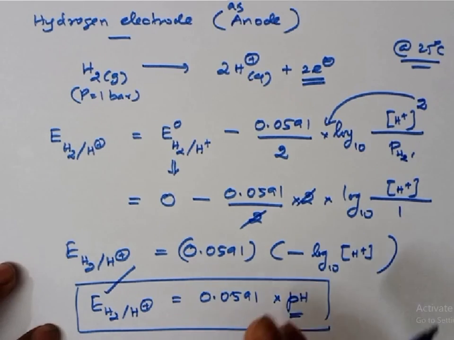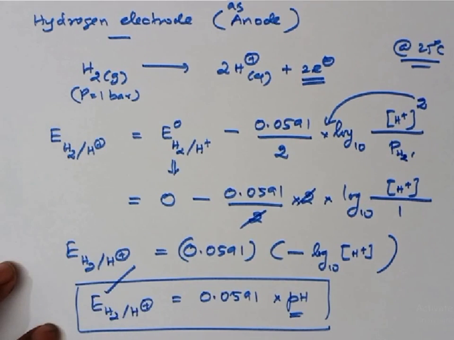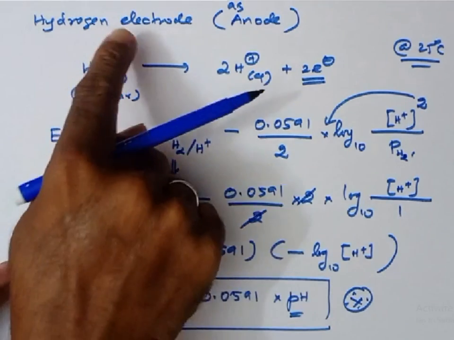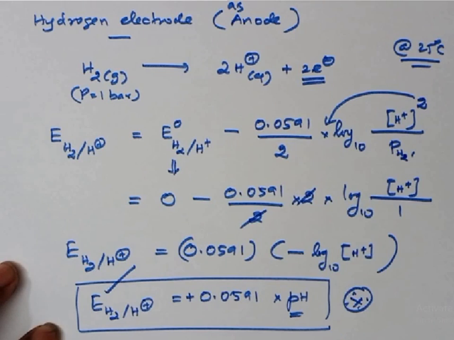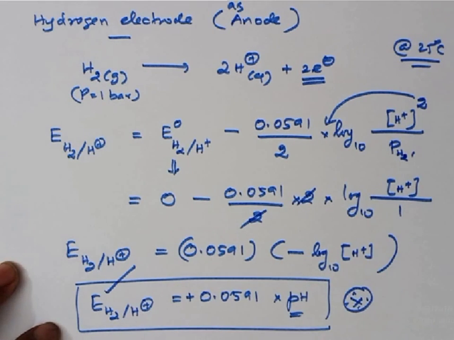You can find the pH of a solution by utilizing the hydrogen electrode. Remember, this relation is very very important. Student, here we get a positive sign, 0.0591 into pH. This relation is applicable only when the hydrogen electrode acts as anode. If you use the hydrogen electrode as cathode, then the sign will change. We'll discuss that in the next class. Okay, I stop here.